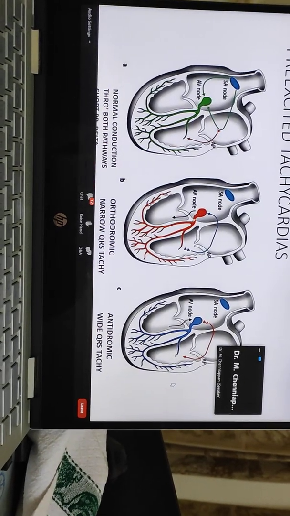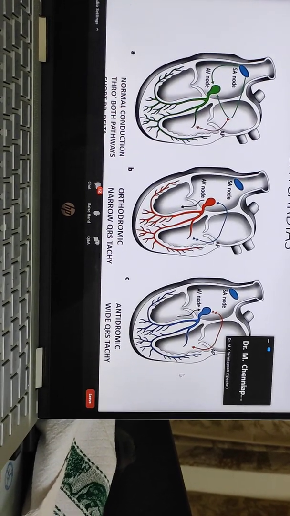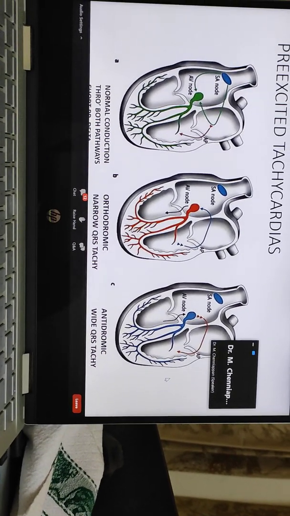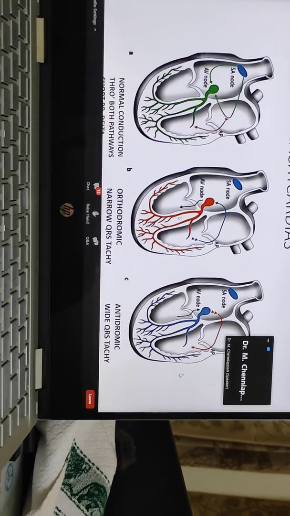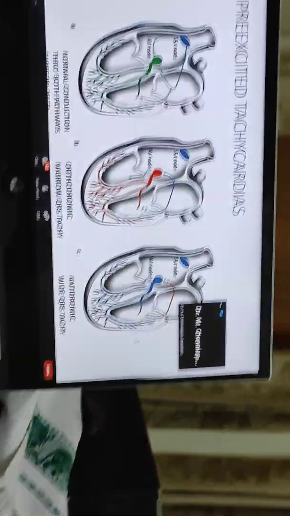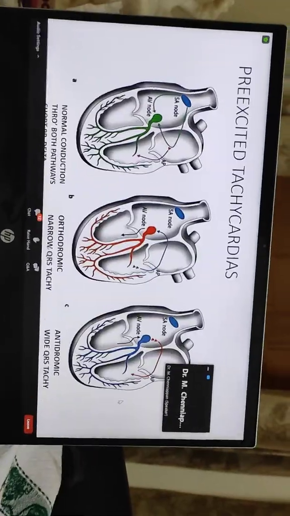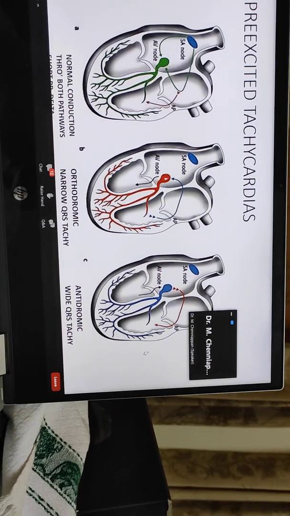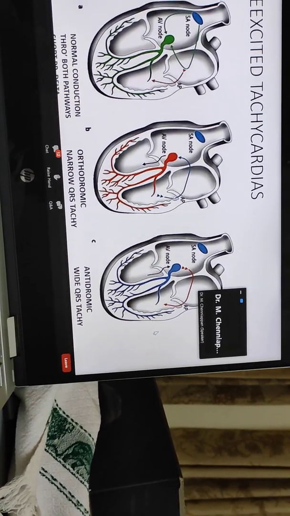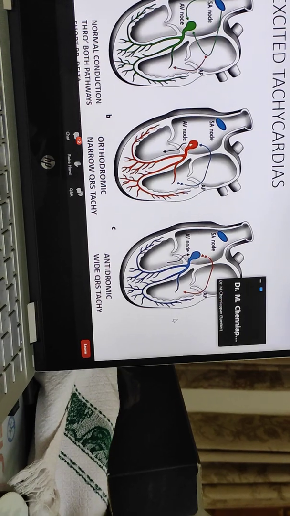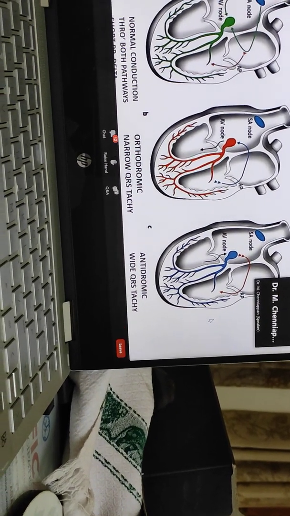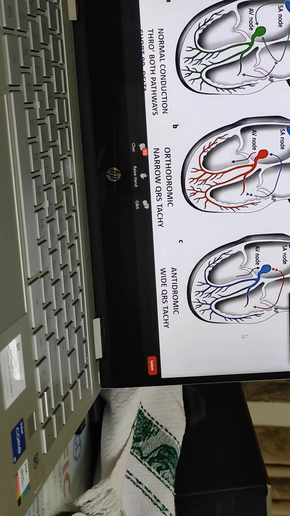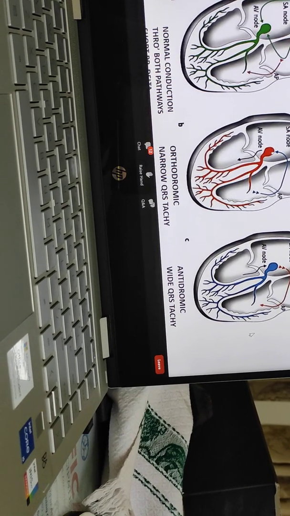Because antegrade conduction goes through the normal conduction system, your ventricles are activated by the specialized conduction system of the heart. That's why this tachycardia will have a narrow QRS. So the narrow QRS regular tachycardia is orthodromic tachycardia due to WPW syndrome or the Kent bundle, where the antegrade conduction is through the normal pathway and retrograde conduction is through the accessory pathway.